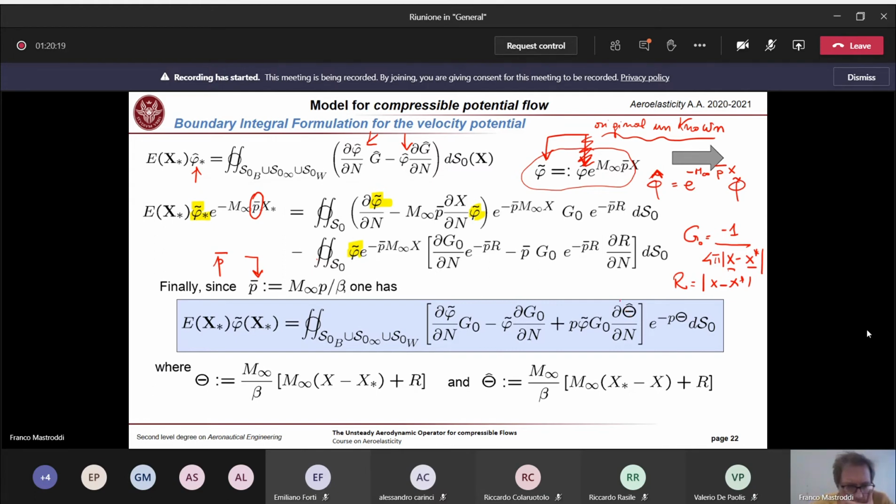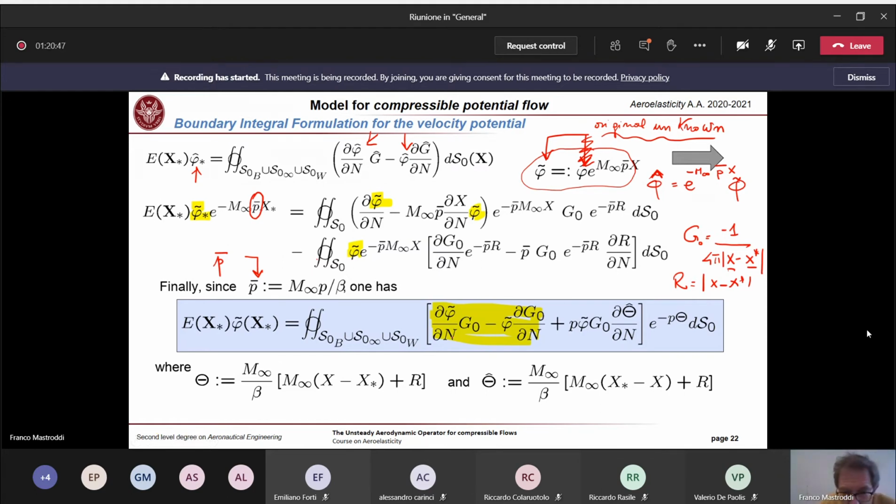And look at the structure of this relationship. This part here is identical to the incompressible flow. We have the Laplace transform of phi, we have G0, and this capital N is the normal, but in the Prandtl-Glauert space.